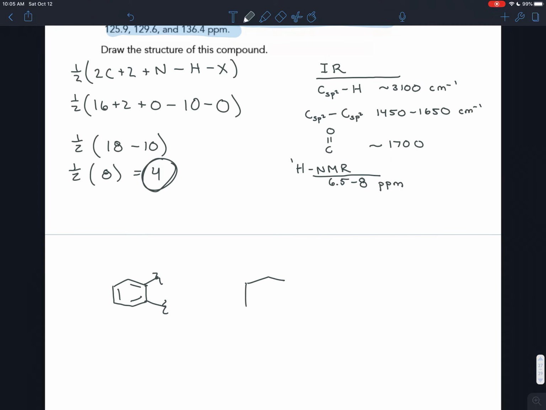You can either have them ortho, you could have them meta. So ortho is 1, 2, meta is 1, 3. Or you could have them para. And that would be 1, 4.